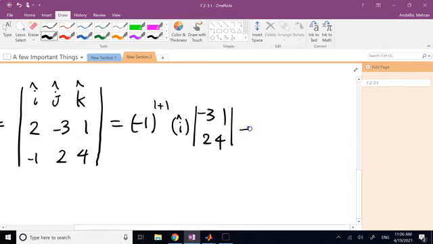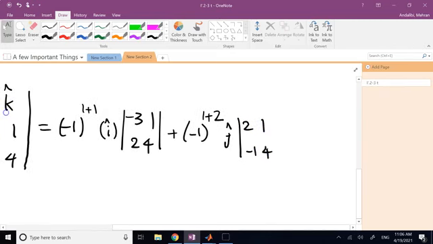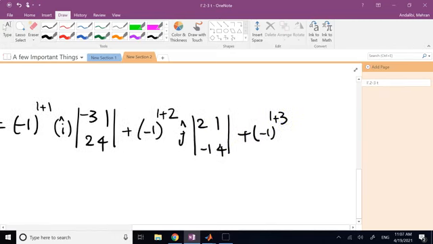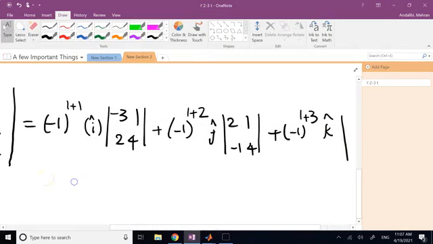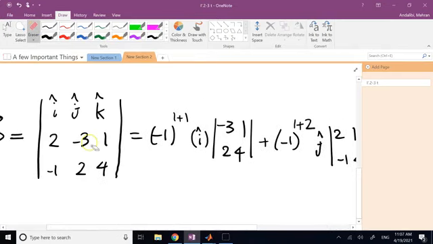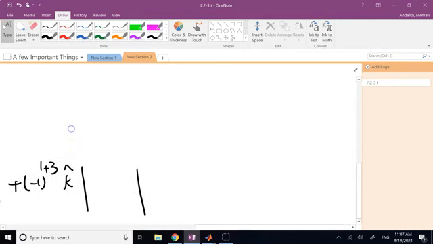And then you have to go to the second element in the first row. So it is going to be this, and then the determinant of first row, second column excluded. So 2, 1, negative 1, and 4. And then negative 1 to the 1 plus 3 times k times the determinant of first row, third column. So you get 2, negative 3, negative 1, 2.